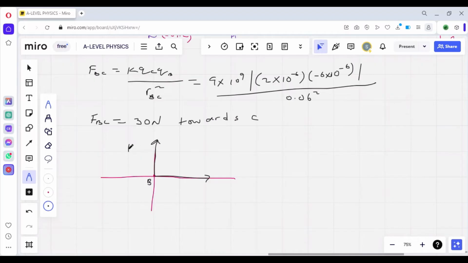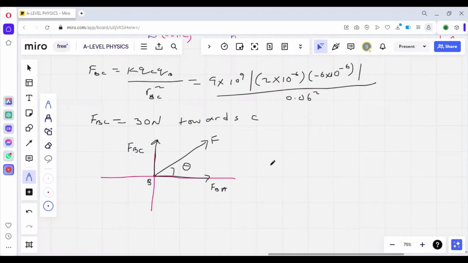So this is FBC, it is directed upwards. Then FBA is directed to the right. So if we want to compute the magnitude of these two forces, we know that it will be in that direction, and that there will be the angle.